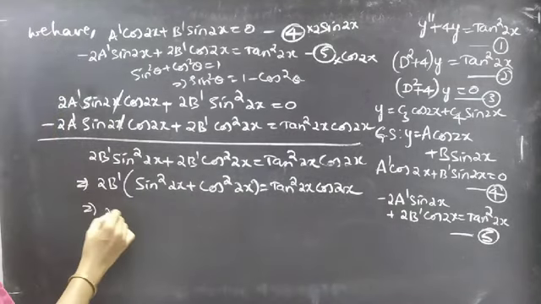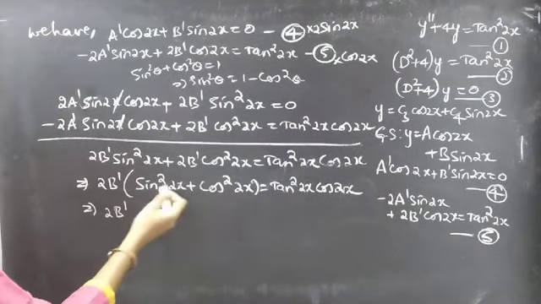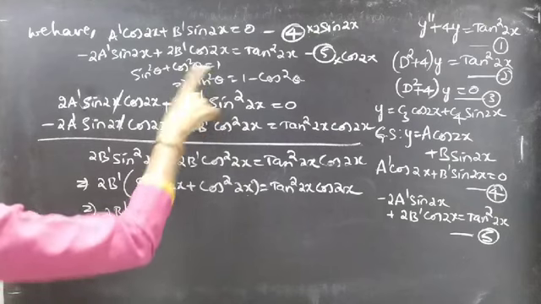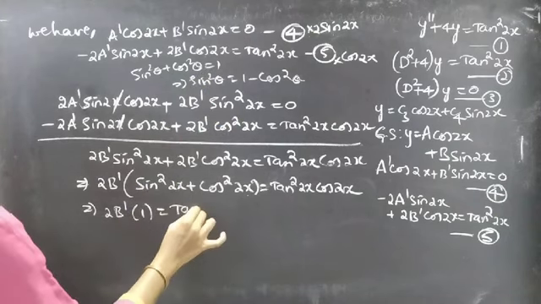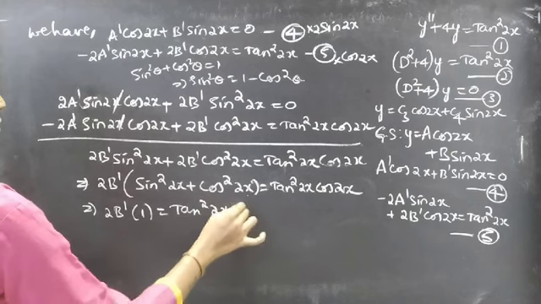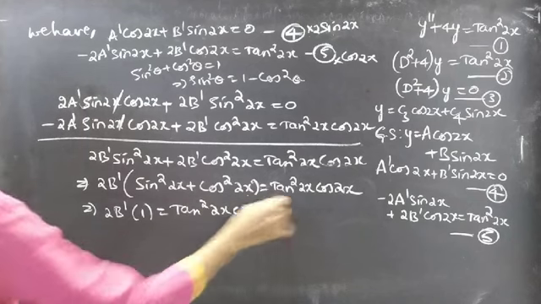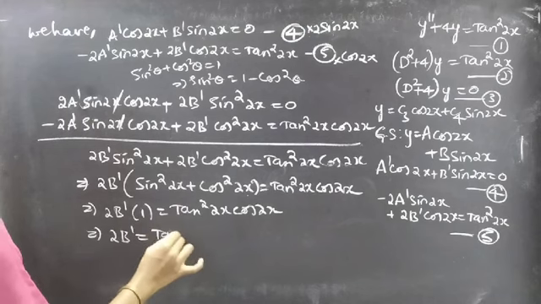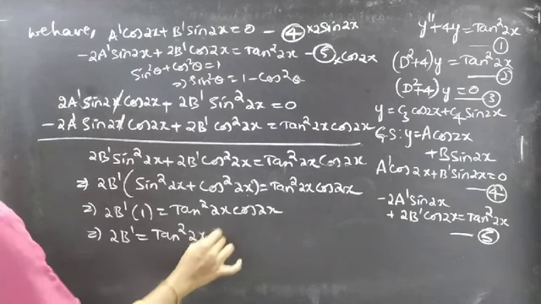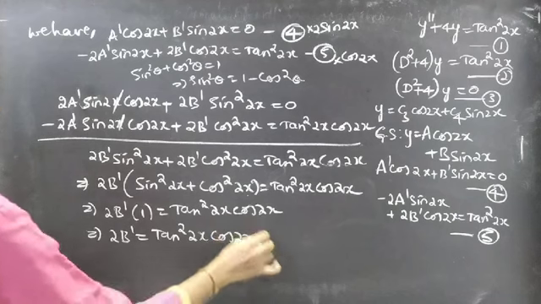This becomes 2b' into sin square 2x plus cos square 2x is 1, since sin square theta plus cos square theta equals 1, you'll get into 1 equal to tan square 2x into cos 2x. From this we'll get 2b' equal to tan square 2x cos 2x.